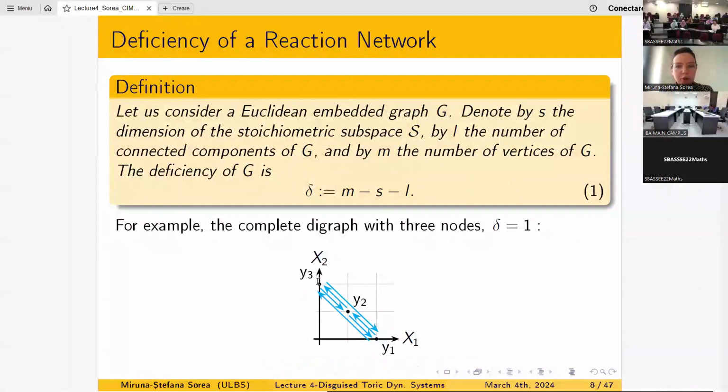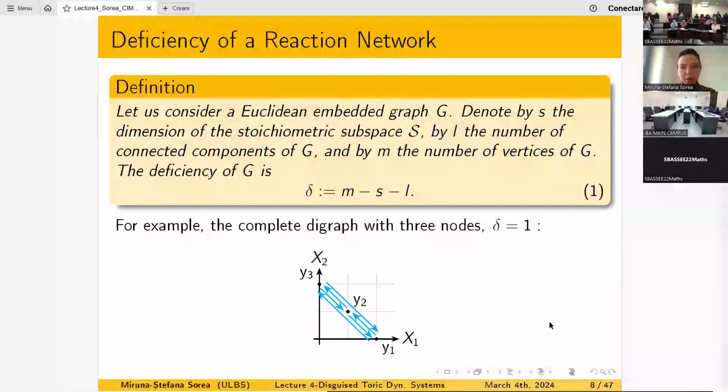We have L equals 1 connected component, and the stoichiometric subspace has dimension 1 because the edges of the graph span just a 1-dimensional subspace. So here we have that the deficiency is 1 for this network.